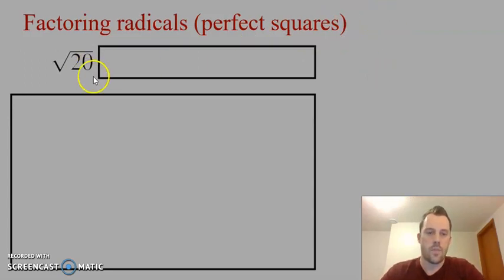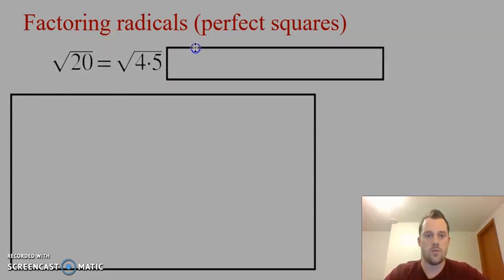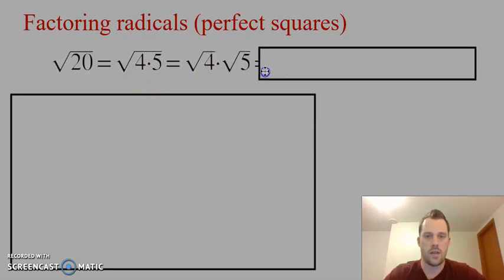Okay, so if we have square root of 20, well, some numbers that we can factor out of that are 1 and 20, which doesn't really help us, 2 and 10, and 4 and 5. I know square root of 4 is 2, and so let's factor this into square root of 4 times 5. And that actually can be rewritten as square root of 4 times square root of 5.